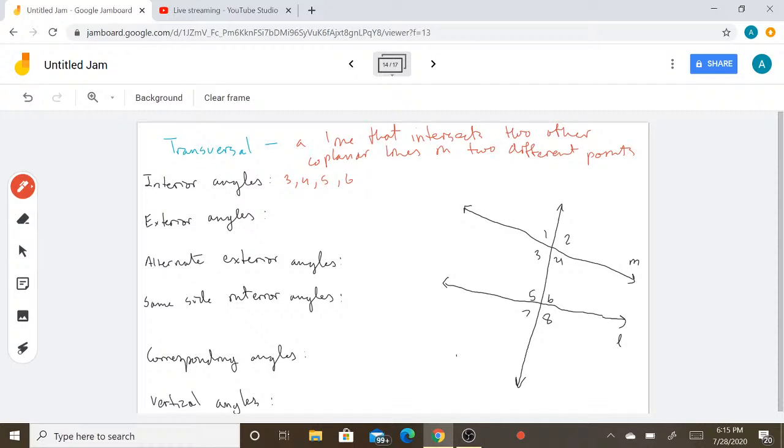These angles are part of a ray between line L and line M. So 3, 4, 5, and 6 are interior angles, inside lines M and L, in between them. Exterior angles are the opposite, so they're 1, 2, 7, and 8 in this diagram.